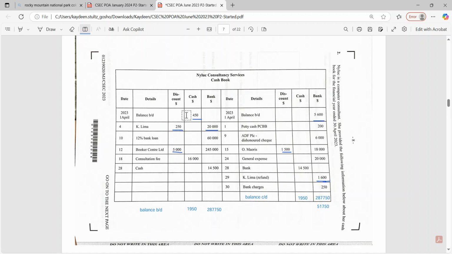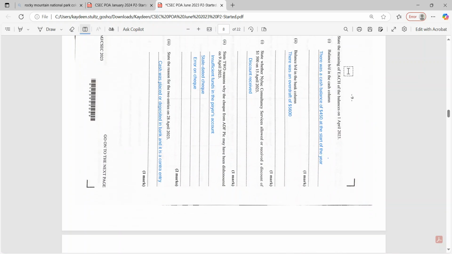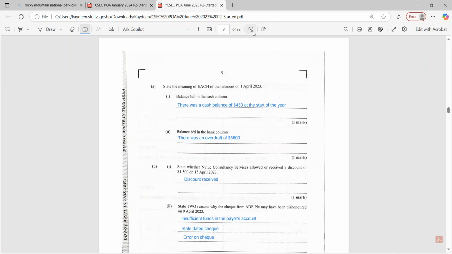When you have a balance BD at the start of the month or at the start of the year, you will know that the previous year or month would have ended with $450 in cash. So in this case, I said that there was a cash balance of $450 at the start of the year, or I can say that the last year or the last month ended with $450 in cash.